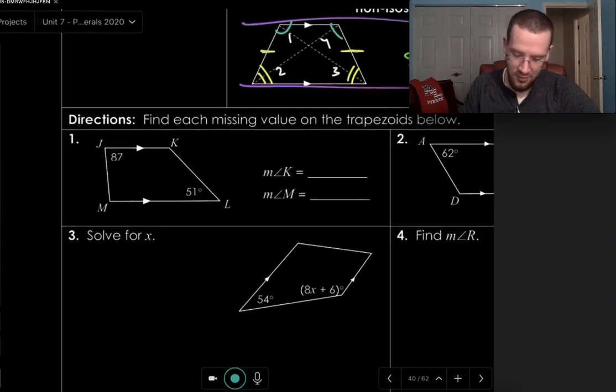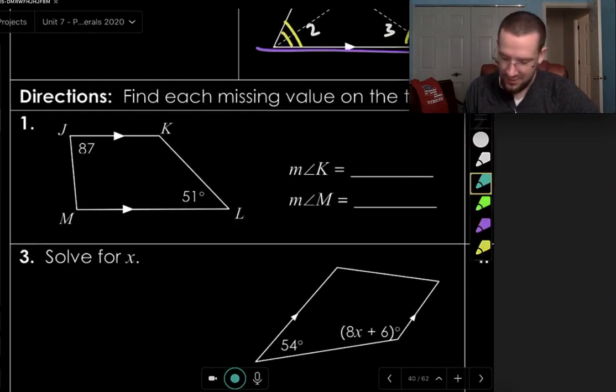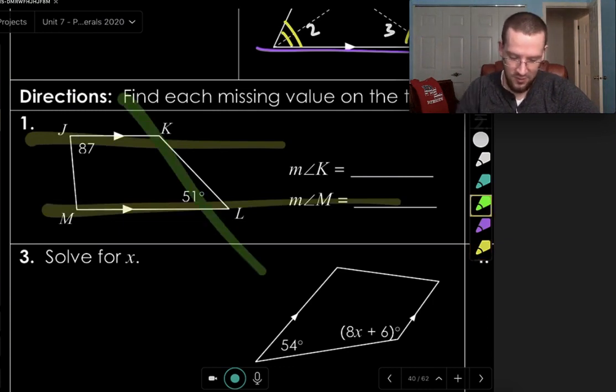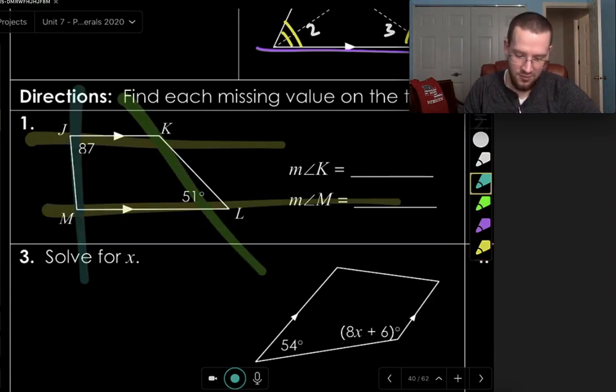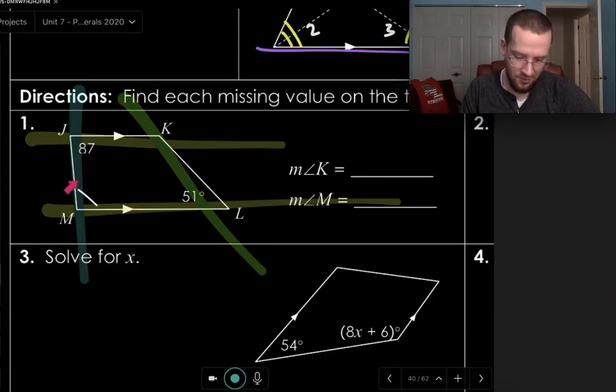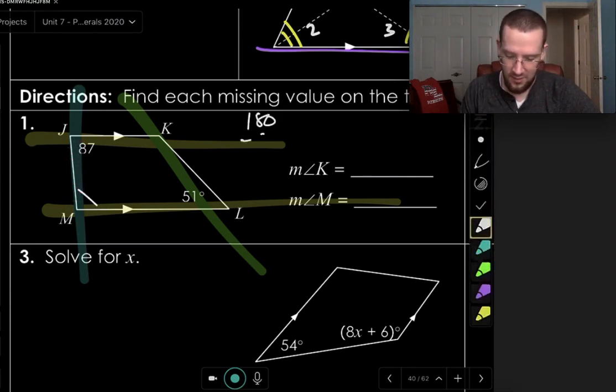So let's look at this first figure. This is a non-isosceles trapezoid. These lines are parallel, and that means that this is a transversal, and also that this is a transversal. And so if I want to find this measure of angle M down here, all I have to do is say, okay, well, I know that these two angles add up to 180, and thus I can just take 180 minus 87, and this one is going to be 93.